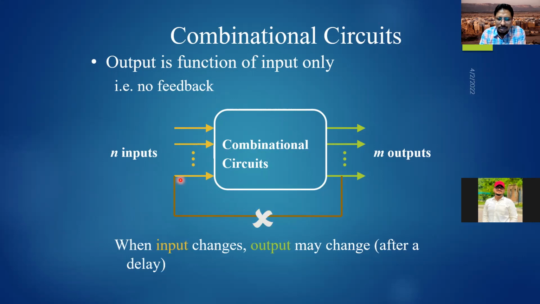So when the input changes, the output may change after a delay, because the delay from one gate to another gives you the propagation delay, the time taken for the bit to be converted or transmitted from the input to the output of the gate.